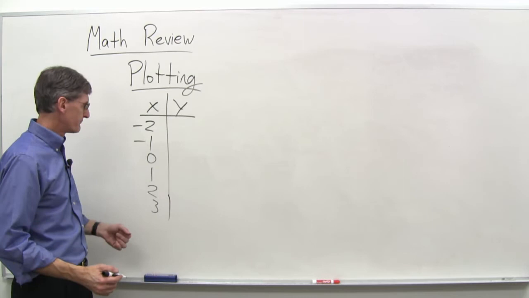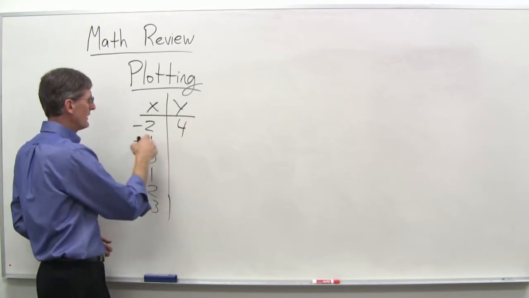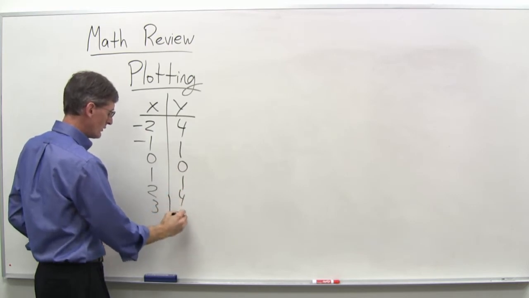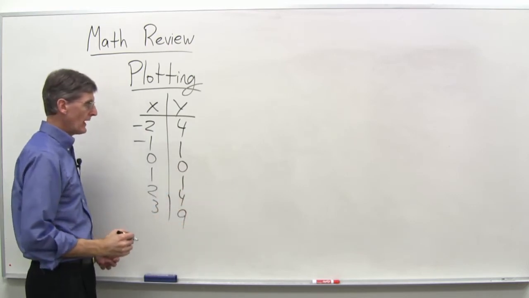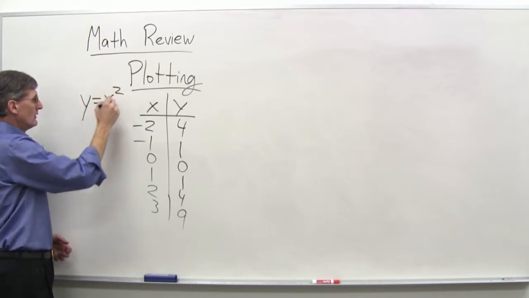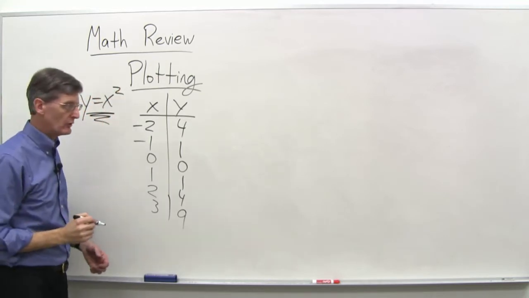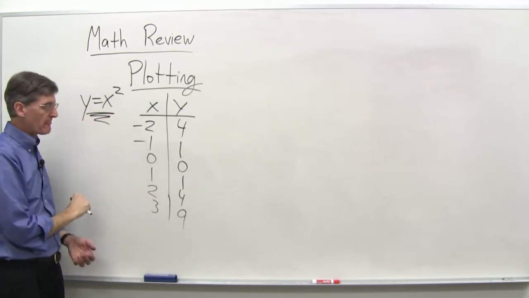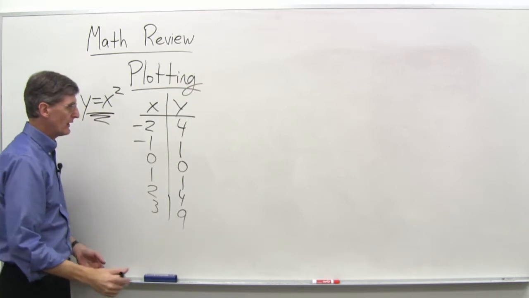In this case, when x is -2, y is 4, 1, 0, 1, 4, 9. And in fact, you may recognize this as y equals x squared. In other words, take the value of x, square it, and that gives us y. So that's my xy data.